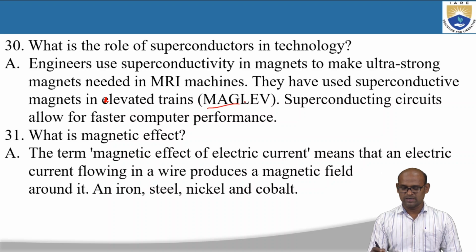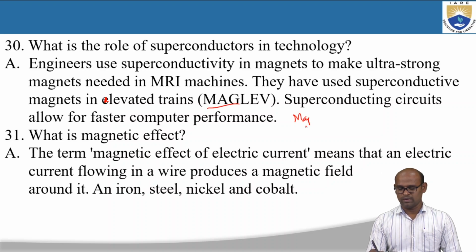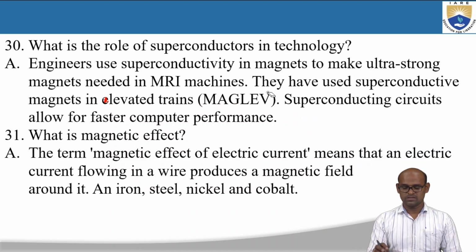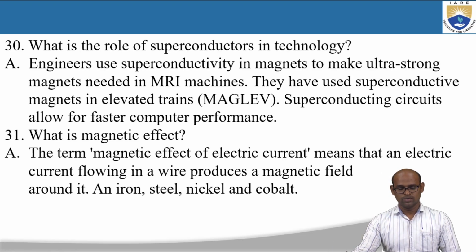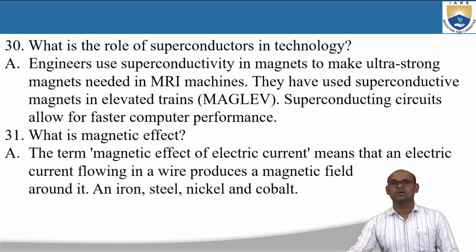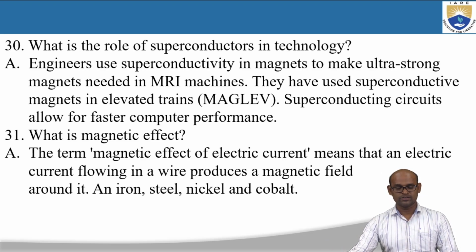This is magnetic levitation, maglev trains. Because of the Meissner effect, we can use the diamagnetism of superconductors in maglev trains. So these are some applications in technology.